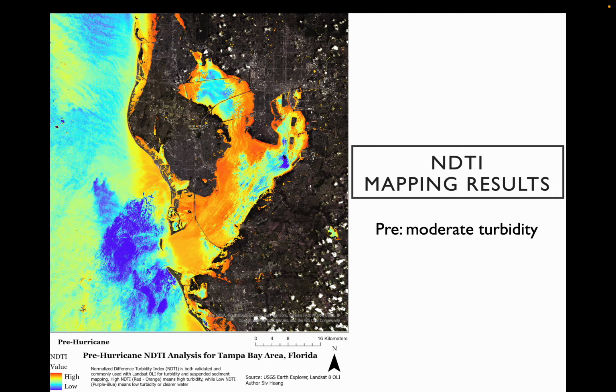The bay appears relatively stable, with clearer water concentrated toward the central and outer portions of the estuary. High turbidity pockets are minimal and mostly restricted to the very shallow areas near the shore. This is expected for a large estuary during spring conditions, which are calmer, with lower runoff and fewer disturbances.